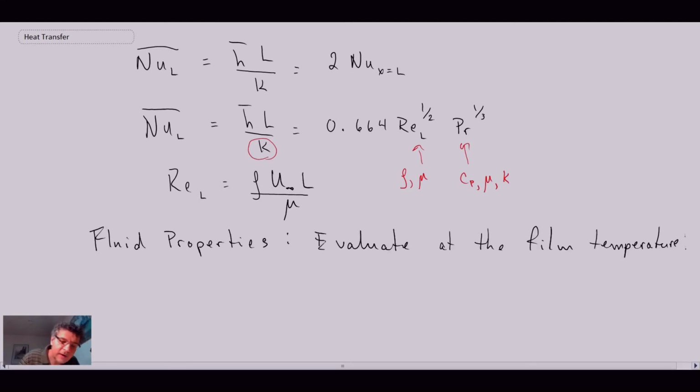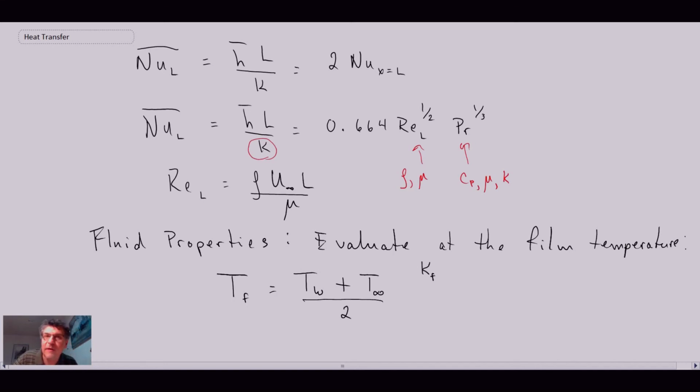So what are we talking about for the film temperature? It's nothing more than the wall temperature, remember we're talking about an isothermal wall, plus the free stream temperature, divided by 2. It's just the average between those two temperatures. And this is going to have an impact on the following properties.